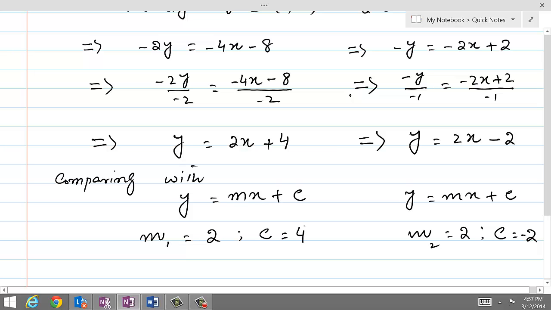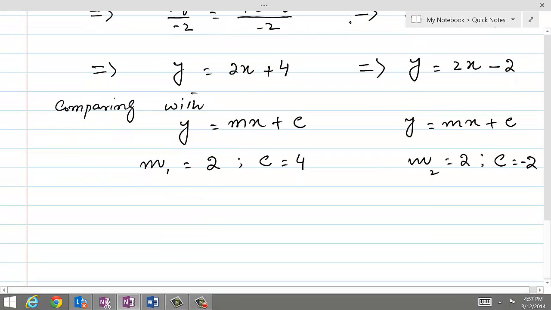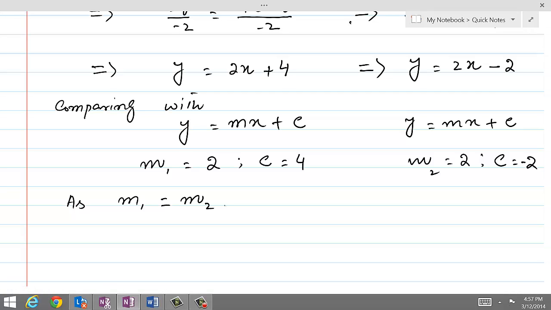Now, according to the established criteria, as M1 is equal to M2, clearly the lines are parallel, but we need to see if their y-intercept is same. If y-intercept is same, they are coincident. These lines are overlapping. They just are in fact one line.